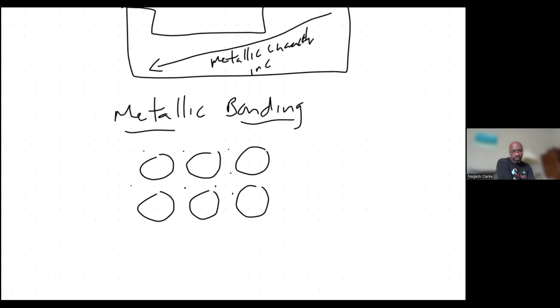The valence electrons get dislodged and group up, and we call this a sea of electrons floating around. The metal atoms are now cations because they no longer have their electrons.